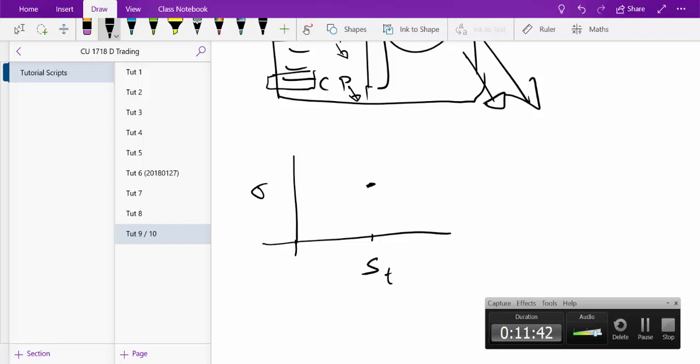Now Black-Scholes, if you believe in their formulation, says the vol should be flat everywhere, regardless of what strike you have. So these are strikes, and this one happens to be the stock price now. But we know that in the real market it's nowhere near, and the volatilities are kind of like this.